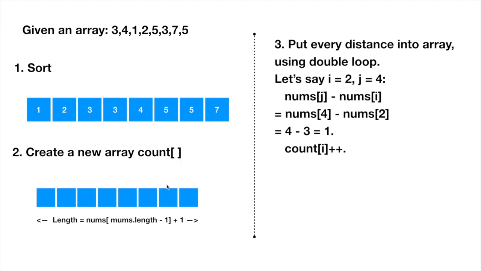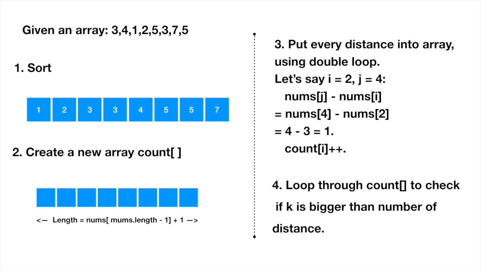So we just need to increment the number at index 6, because at this index we are storing the number of distance 6. And theoretically, if there is element 0, the largest distance is 7 minus 0, which is 7. So the largest distance is 7 and is stored at index 7.